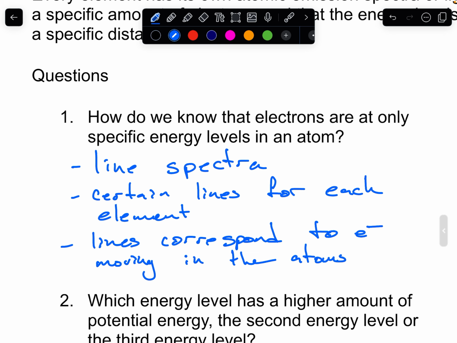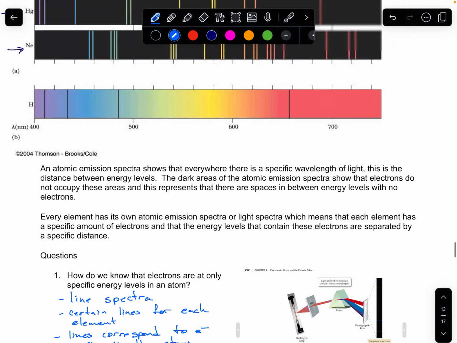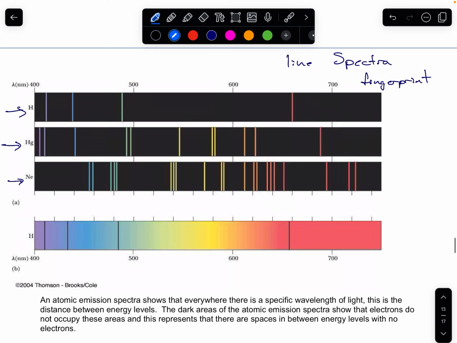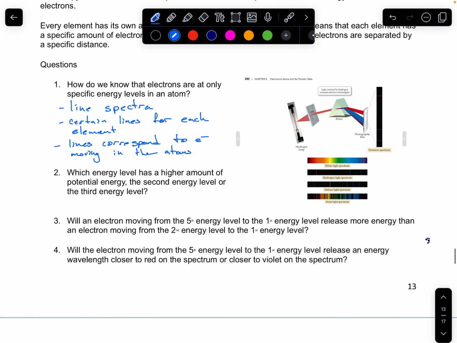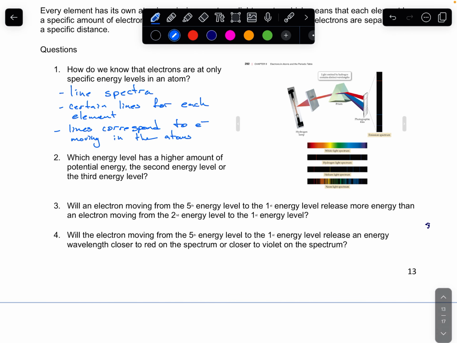Different atoms are going to have different spacing between their levels, and so there are different spaces between, and when the electrons drop back down, they release different amounts of energy, giving us different colors of light. If you go back up and take a look, you can see some of them have very few, some have a lot. It all depends on what the element is and how close those levels are.